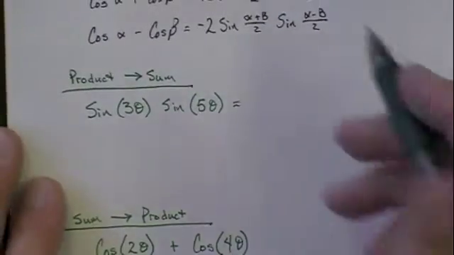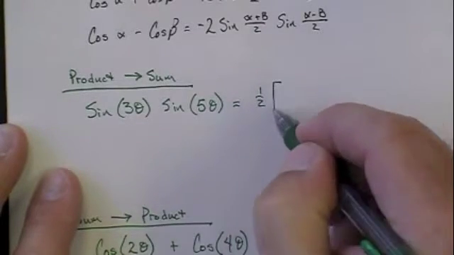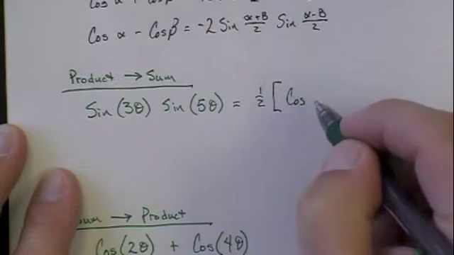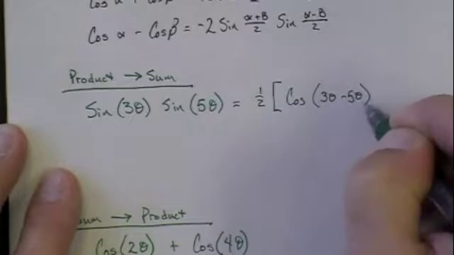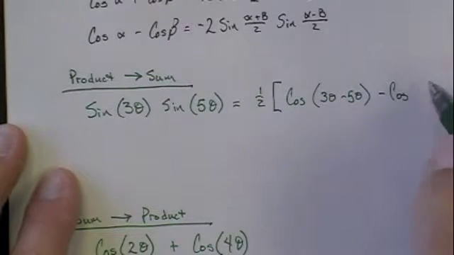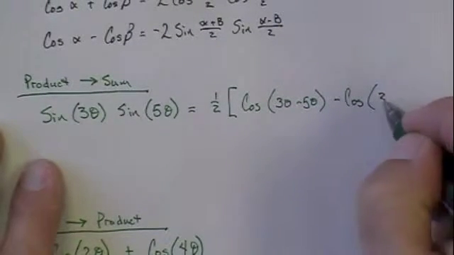All right, so when we go to this example, we would have 1/2 times the quantity of cosine of 3 theta minus 5 theta, minus the cosine of 3 theta plus 5 theta.